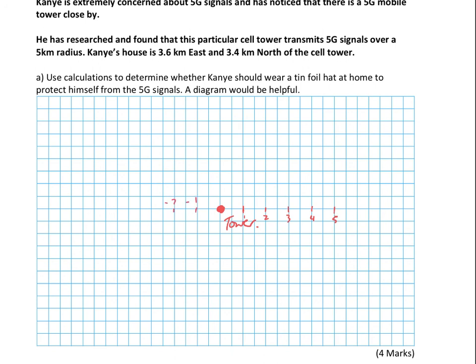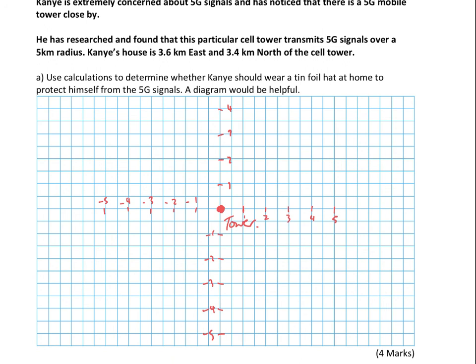Negative 1, negative 2, negative 3, negative 4, negative 5. You've got negative 1, negative 2, negative 3, negative 4, negative 5. 1, 2, 3. Didn't go far enough. Oh well. This calculation is to determine where Kanye's house is.